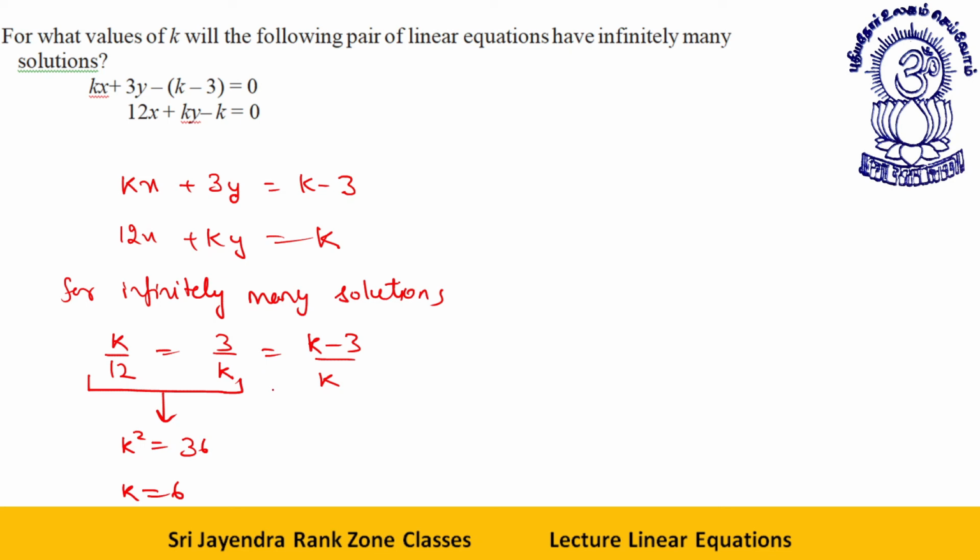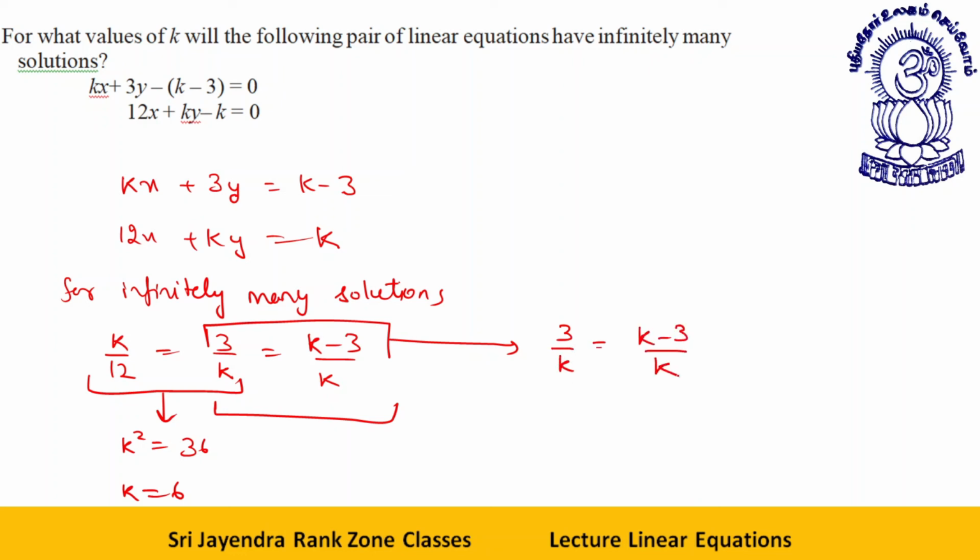The moment I get k is equal to 6, we just need to check whether it is verifying or not. Equating the other two, 3 by k is equal to k minus 3 by k.